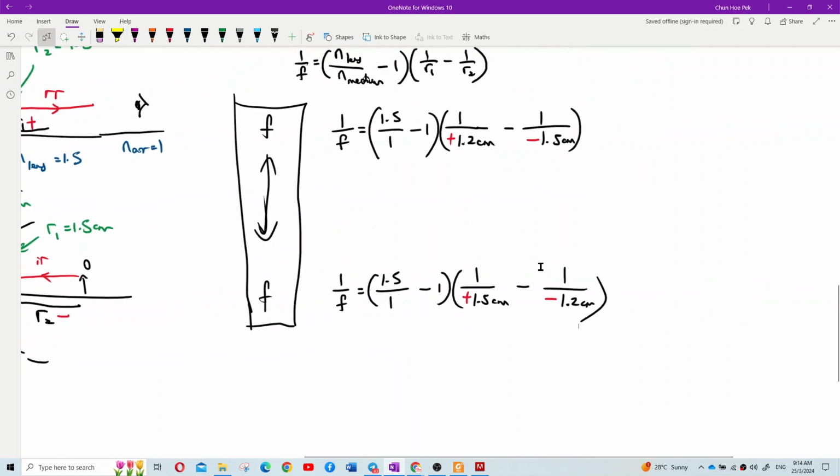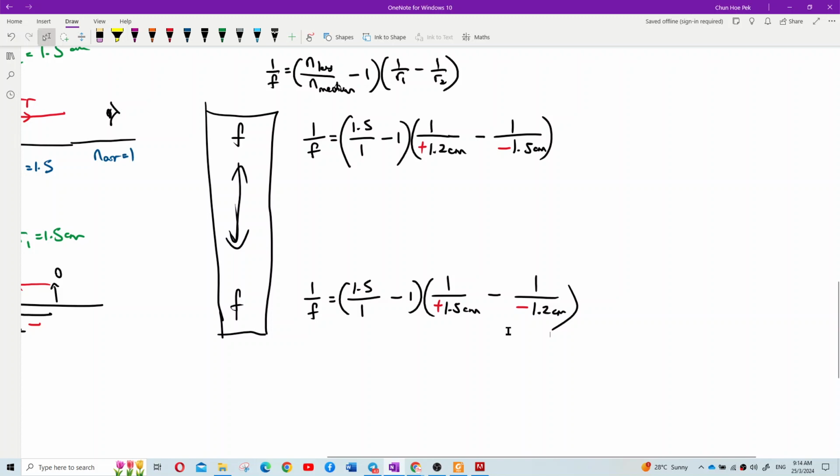Now, class, compare and see. If negative multiplies negative, what do you get?